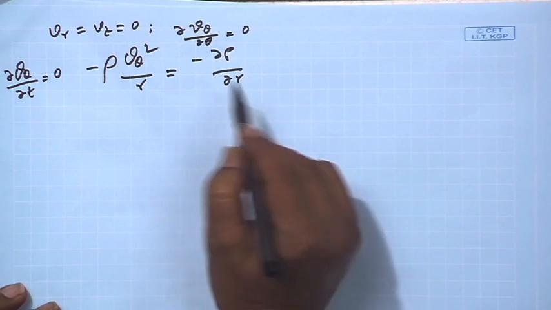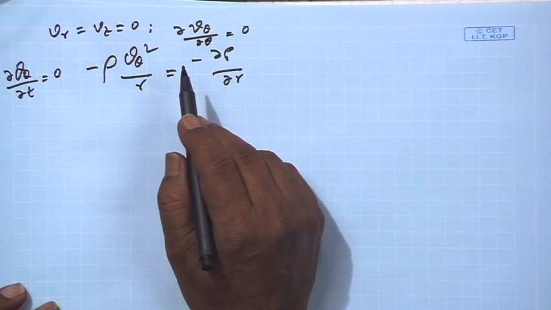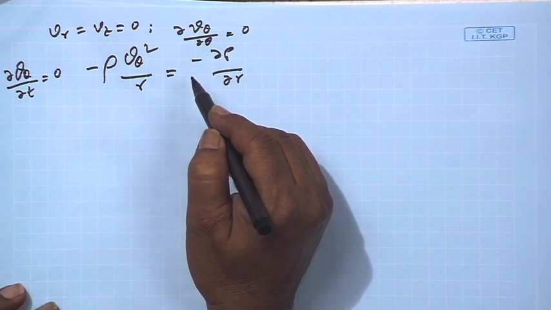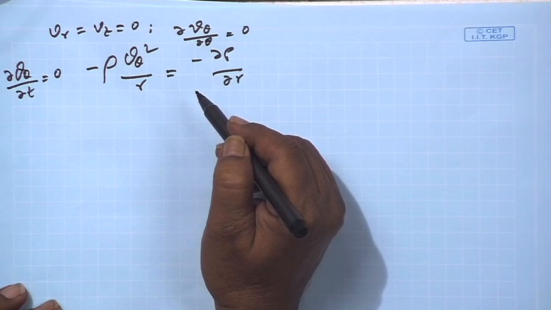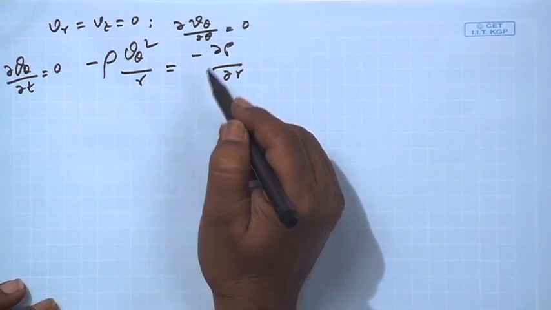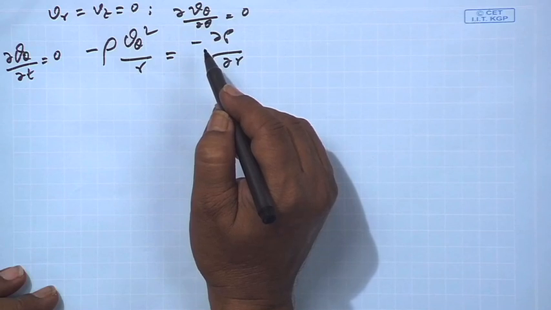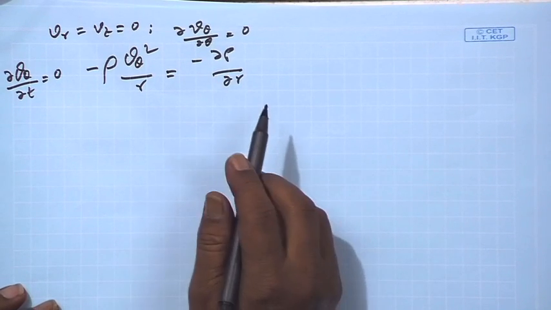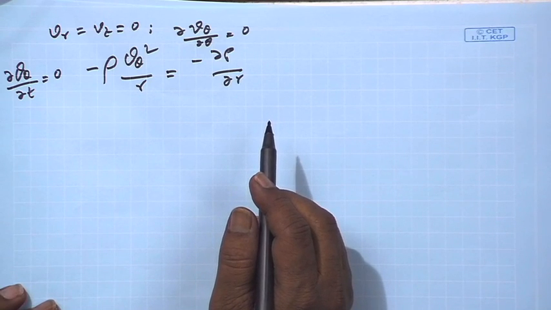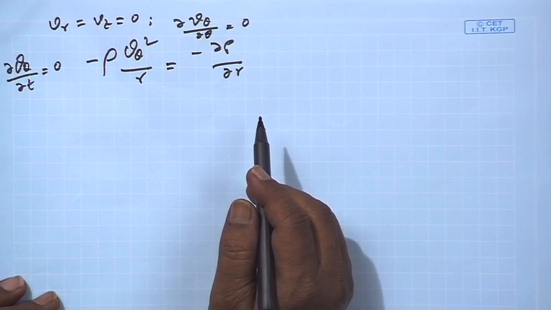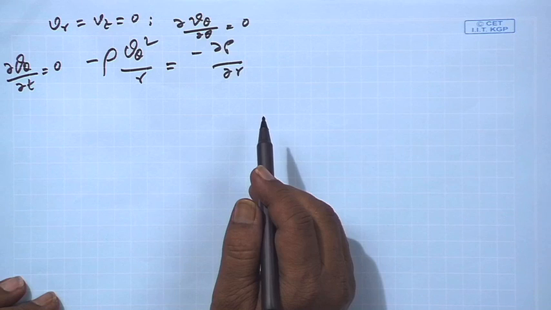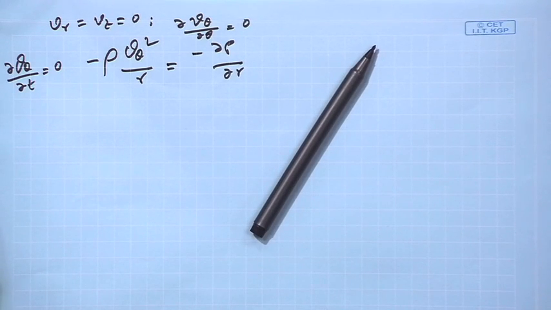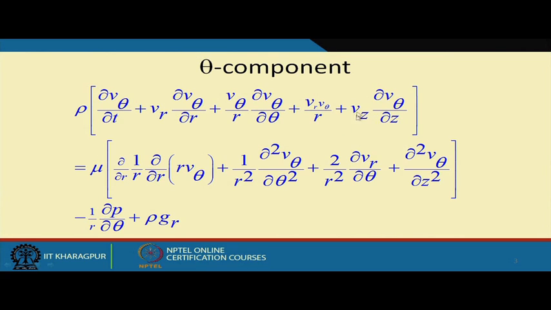If that be true, then we can write V r into del V theta del r, that is there. V theta by r del V theta del theta goes out, then V r V theta over r, since V r is 0, goes out. V z is 0, so this goes out.